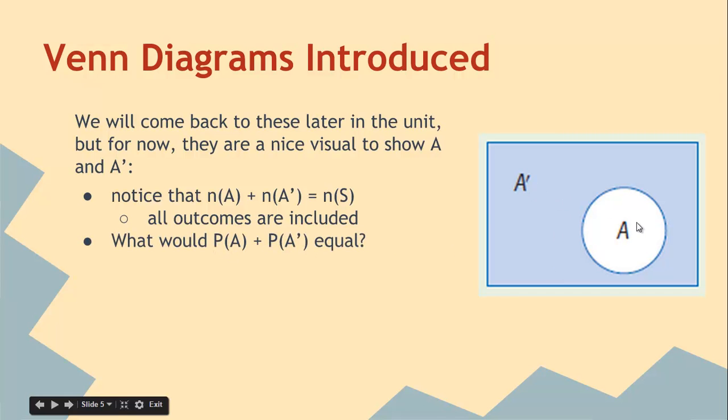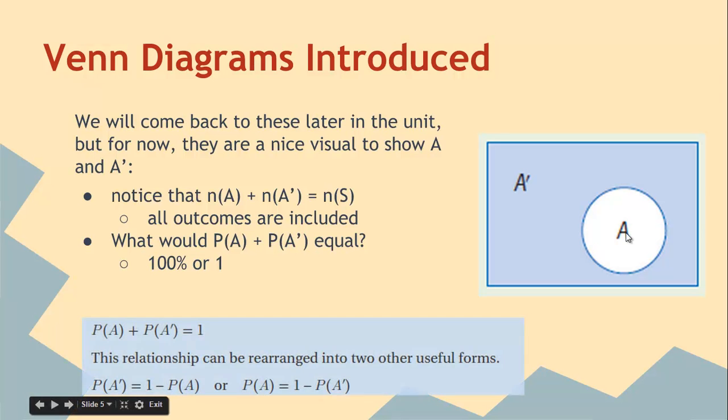Probability of A plus the probability of A prime. Think about that for a second. It would be 100%, or 1.0, 1 out of 1. This is true: the probability of A plus the probability of A prime is 1, so they add up to 100%. Very similar to what we saw, n(A) plus n(A prime) is n(S).